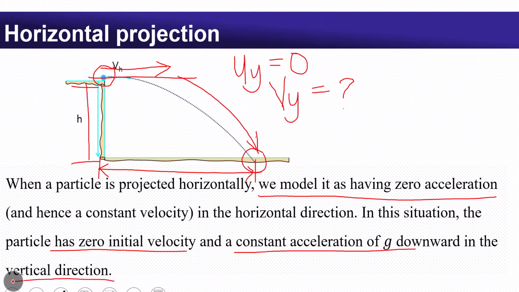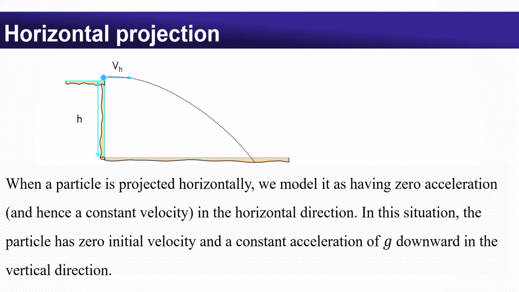So you will always have to remember that in the horizontal direction there is no acceleration, but in the vertical direction the acceleration is constant and it is g, downwards. Also the direction matters, because when a particle is going down it doesn't oppose gravity, but when the particle is going up it opposes gravity.